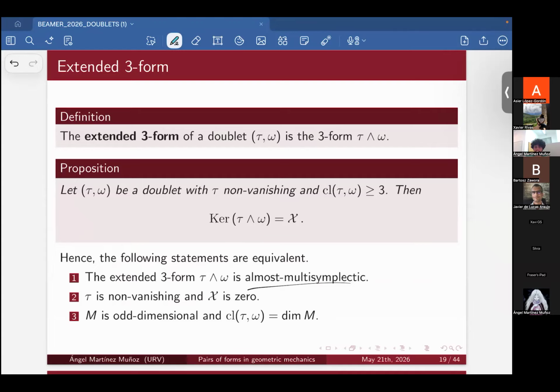So studying this is also interesting, but it's more in the direction of doing this at several points. Okay, thank you. Related to flags of distributions and stuff like this, the last thing you said.